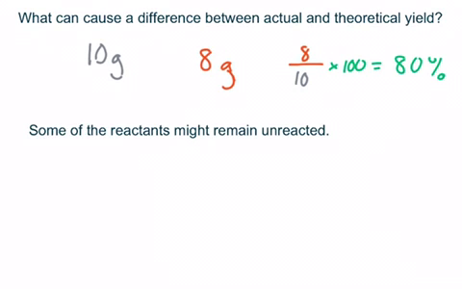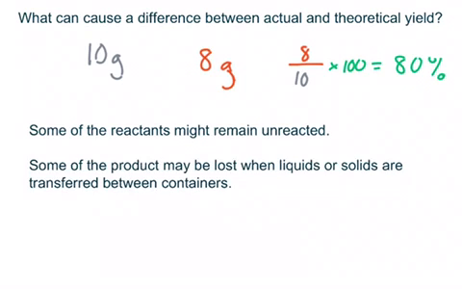So here are some possible explanations for things that might contribute to this difference. One of the reasons might be that some of the reactants may have remained unreacted. Maybe the reaction in the lab didn't fully go to completion, meaning everything didn't react all the way. A second reason might be that as you're transferring the product between containers, maybe pouring something from a graduated cylinder to a beaker, or transferring something to a weigh boat so you can get the mass, some of the product may be lost.